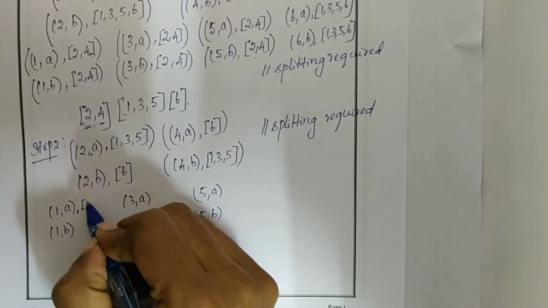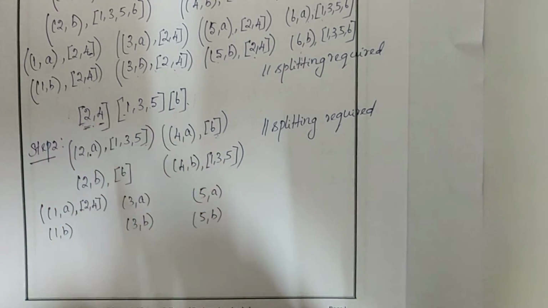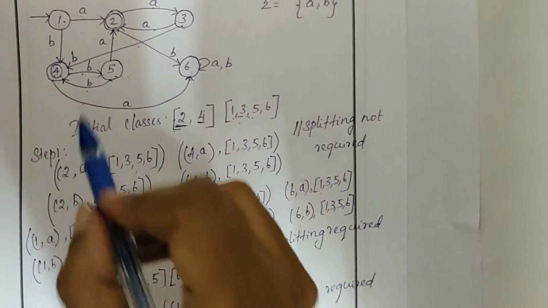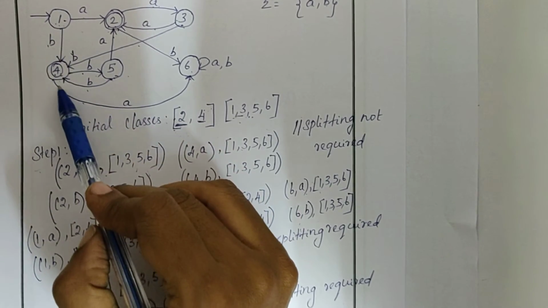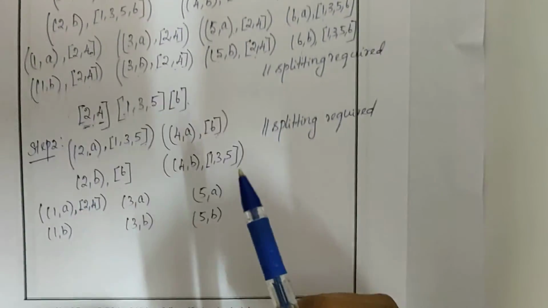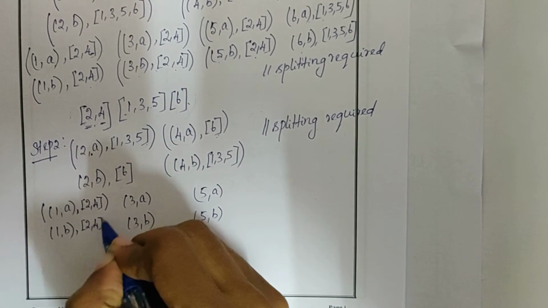So I'll write the class 2 comma 4. Correct? Next 1B. 1, when it takes B input, is moving to 4. 2 comma 4.